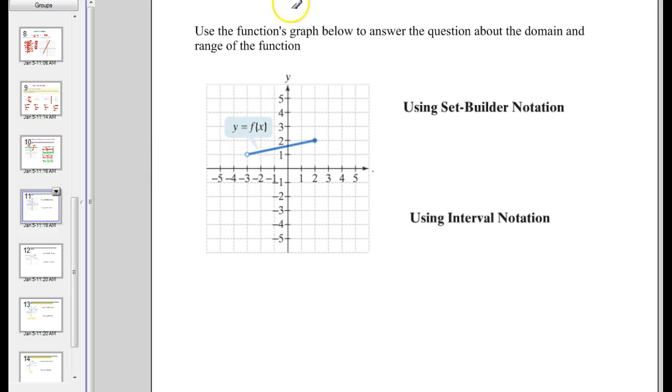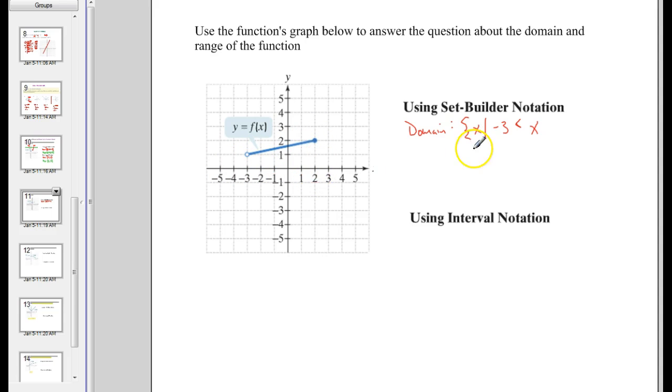Alright, set builder notation. Again, if I envision a vertical line going left to right, I start hitting the graph at -3. So I'm going to say it's the set of all x's such that I start at -3, so -3 is less than, alright, open dot, so I'm going to leave it just strictly less than x, and then I keep going all the way until I get to 2.